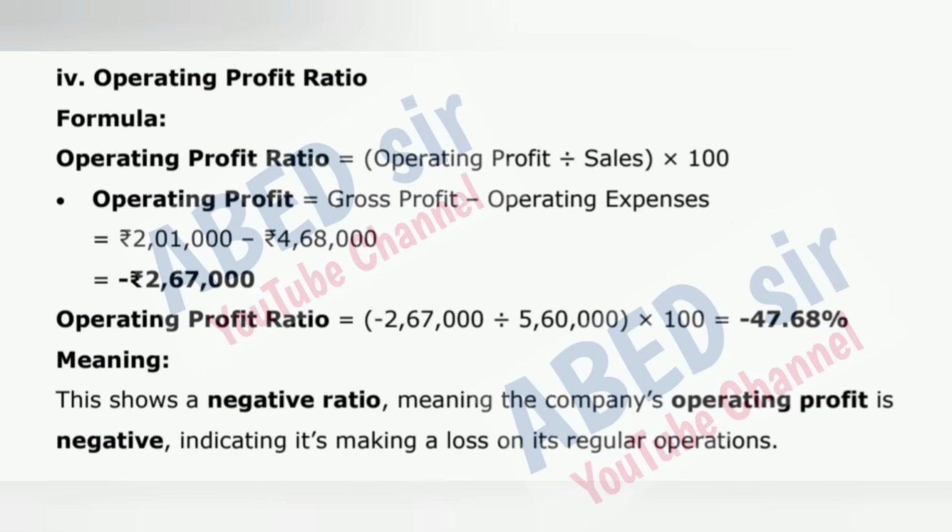Operating profit ratio is equal to minus 2,67,000 divided by 5,60,000 times 100, equal to minus 47.68%. This shows a negative ratio, meaning the company's operating profit is negative, indicating it's making a loss on its regular operations.